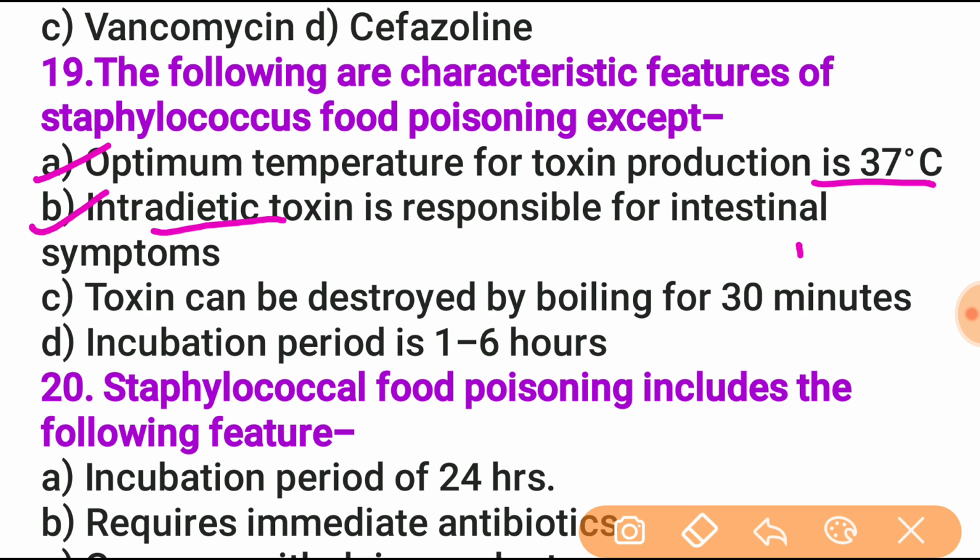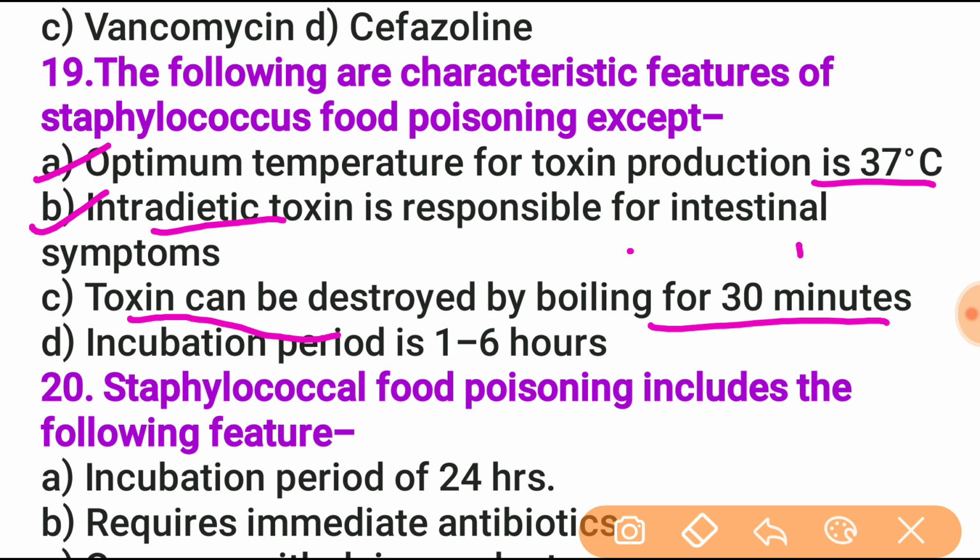The toxin can be destroyed by boiling for 30 minutes. The fact about the Staphylococcus toxin: this staphylococcal toxin is relatively heat stable, that means it resists more than 100 degrees Celsius for 40 minutes.